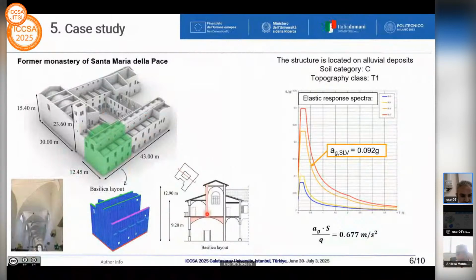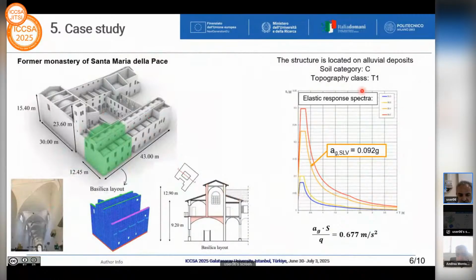So we have stability problems of the vault, but this portion is also, as intuitively pretty obvious, very vulnerable to seismic loads, so to horizontal accelerations. Also because the first floor is very tall and is covered by cross vaults. So we have a big mass also in this position.